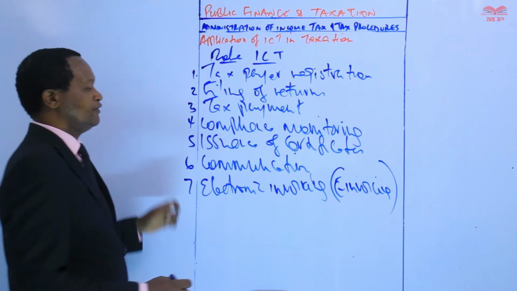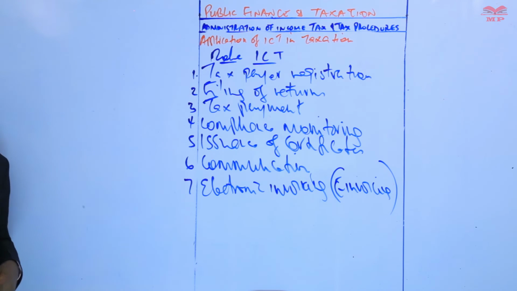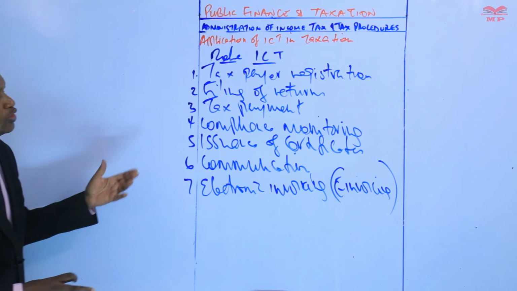Electronic invoicing is also possible. The electronic tax invoicing system being implemented ensures real-time transmission of transaction data for VAT purposes. So this is the role of ICT.